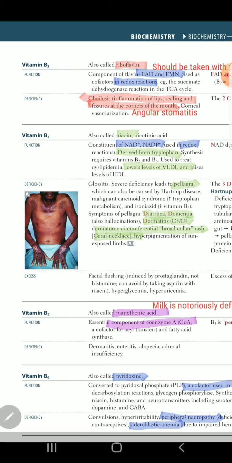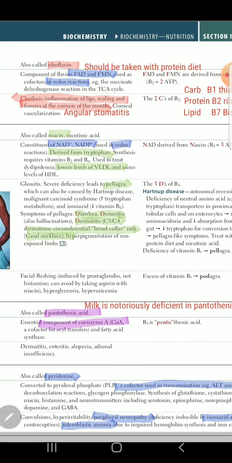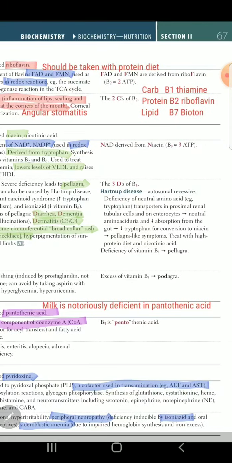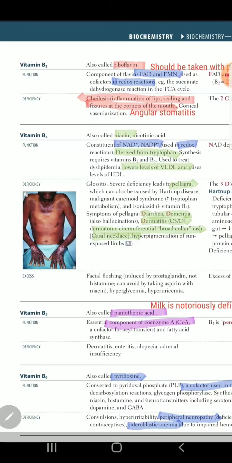But if B6 is given, it is preferred, especially when the peripheral neuropathy is due to isoniazid use, and that is treatable with B6 or pyridoxine supplement, especially in TB patients during treatment. And then sideroblastic anemia, specifically B6 deficiency.